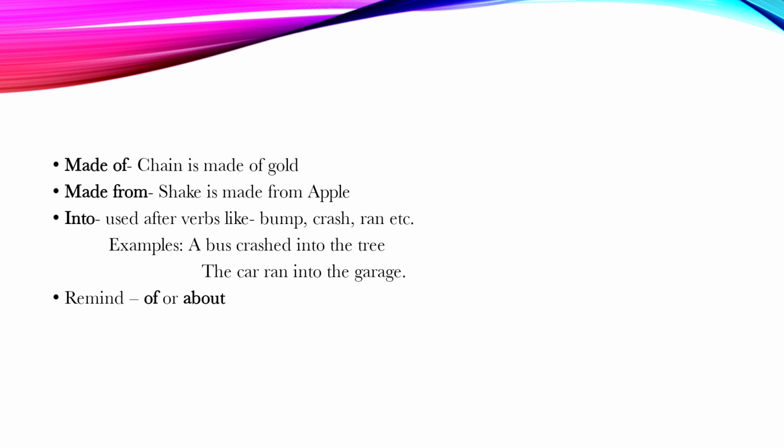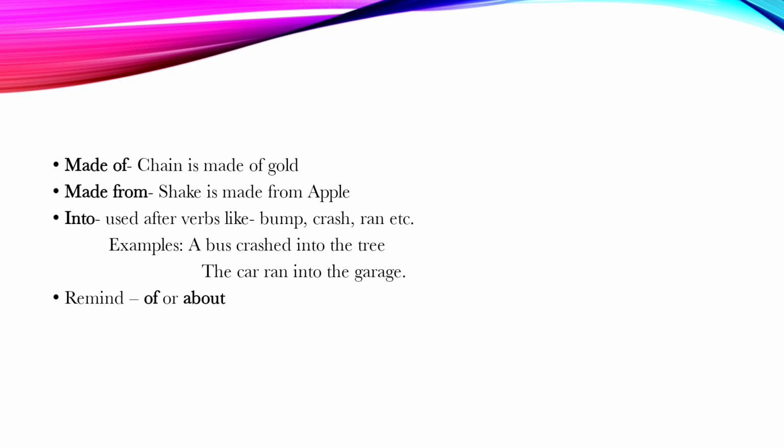Okay, the last preposition is remind. It can be followed by of or about. Remind of, remind about. Both remind of and remind about mean you are asking somebody to remember something. Are you able to remember this?